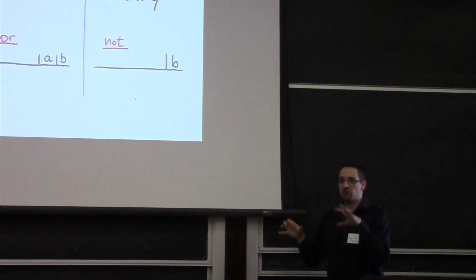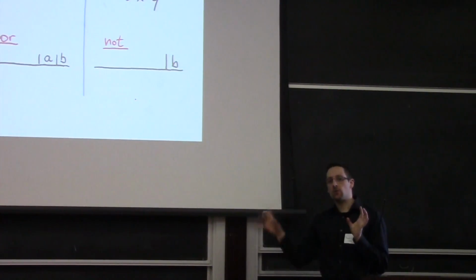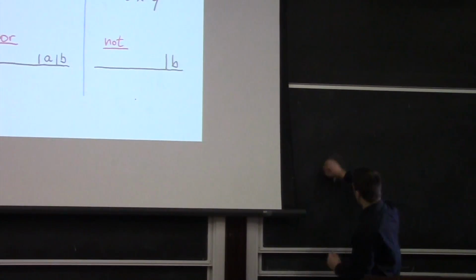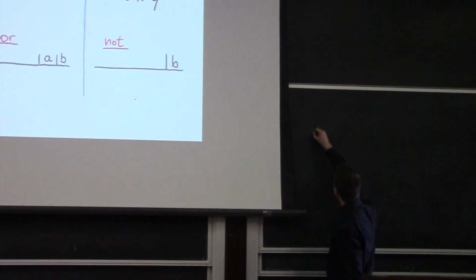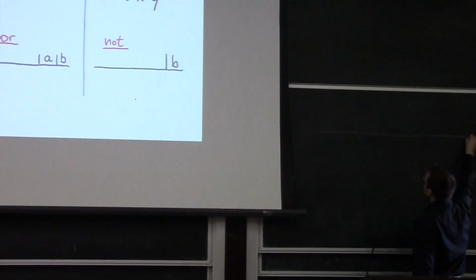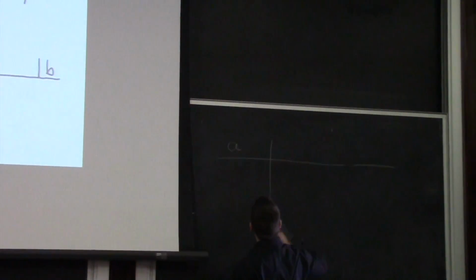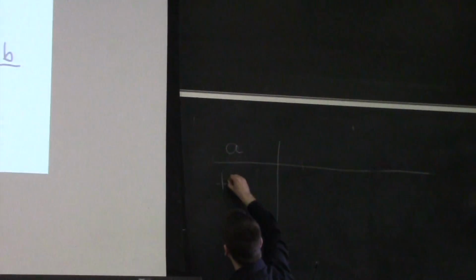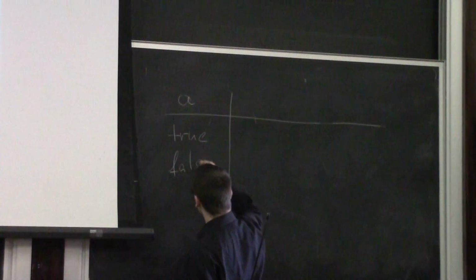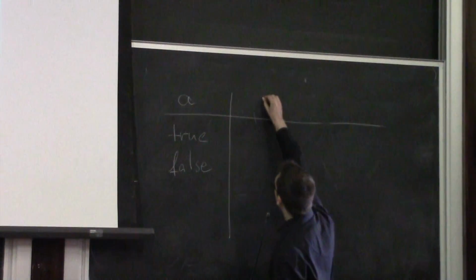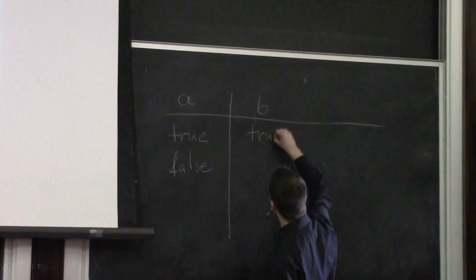Essentially we want to check whether the condition A is true and the condition B is true. What this AND is going to compute is the following, and I'll write it down in a table. I have a value A, which can take the values true or false, and I have a value B that can also take true or false.